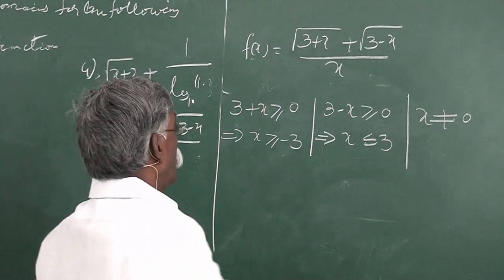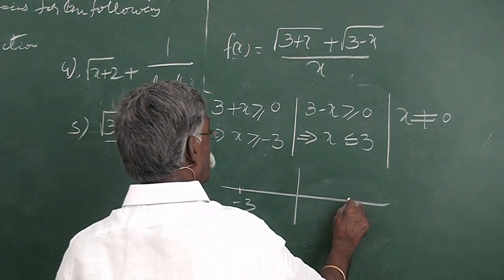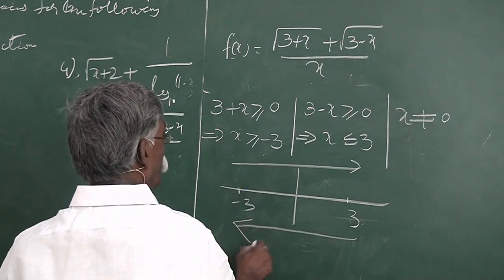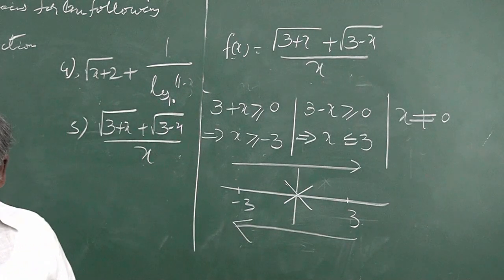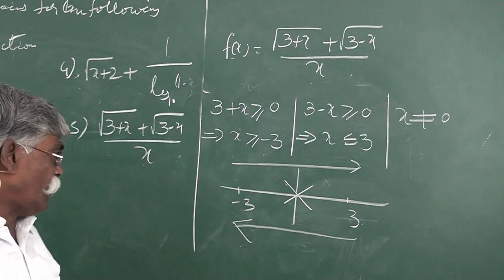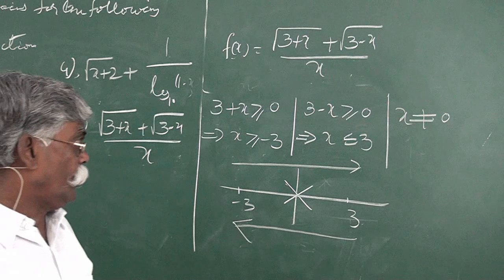So, according to this, if minus 3 is here and 3 is here, we can take all the values like this here from this, and 0 is to be eliminated. So therefore, from minus 3 to 3 closed interval, we can delete 0.